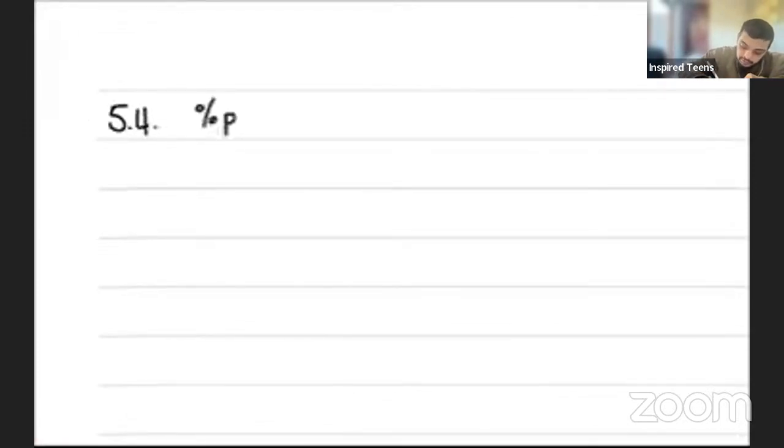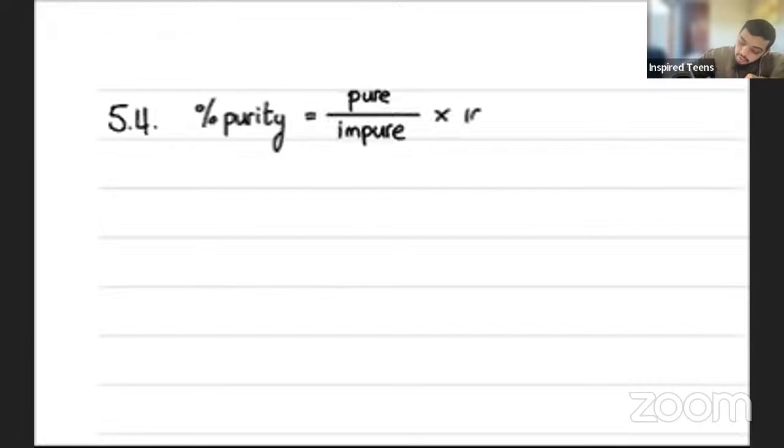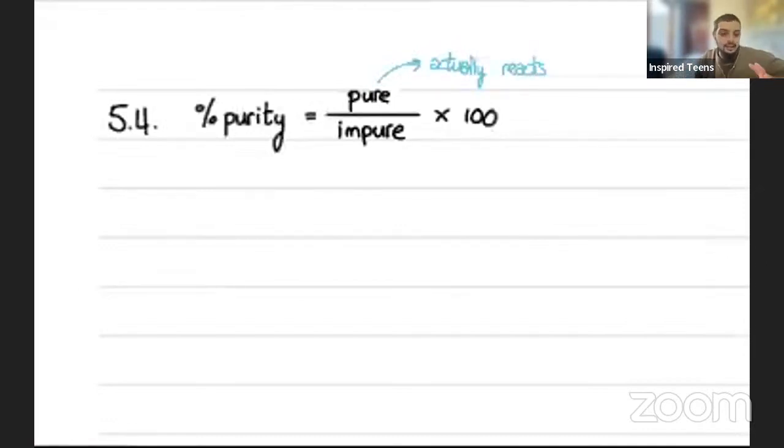Remember that percentage purity is equal to pure over impure times 100. And we said that pure is what actually reacts. Impure has impurities.